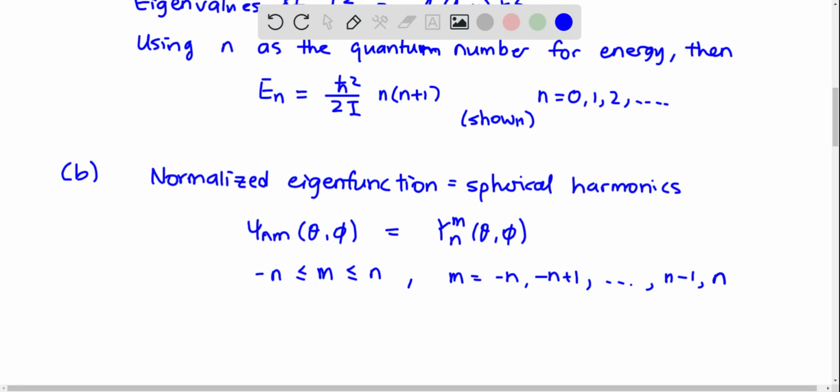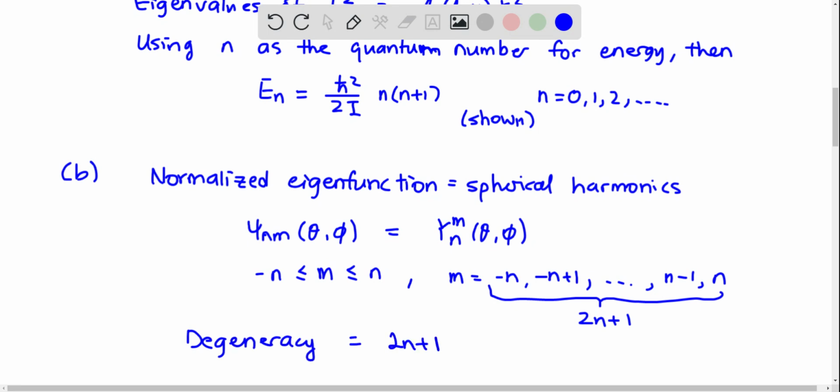Overall over here you have 2n plus 1. So the degeneracy is 2n plus 1. So this is the answer for part B.